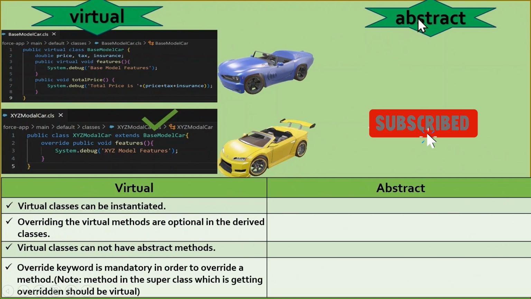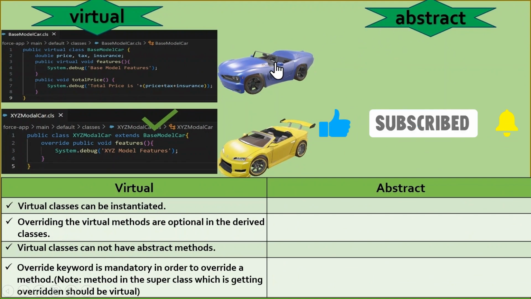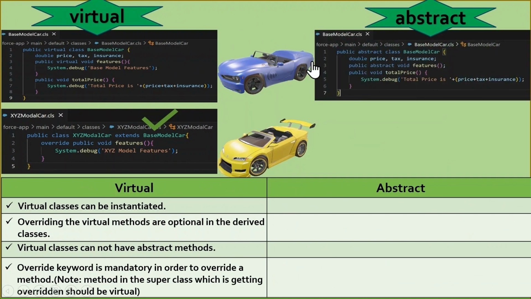Similarly, let's explore the abstract keyword. For this, we mark the base class, that is base car model, as abstract like this, and the method that we are going to override, we mark it as abstract, and this abstract method cannot have the body over here.